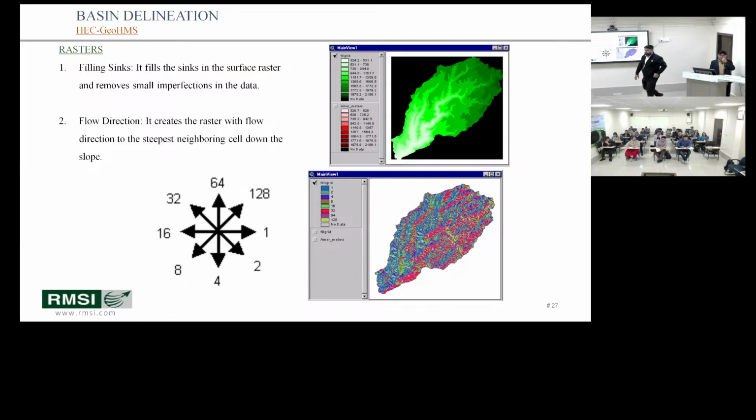Now basin delineation, because to start the hydrological model we should have clarity on catchment delineation. You might have seen the map of a basin having a number of subcatchments, 1, 2, 3, 4, 5, 6 up to 10. How have they delineated the subcatchments?